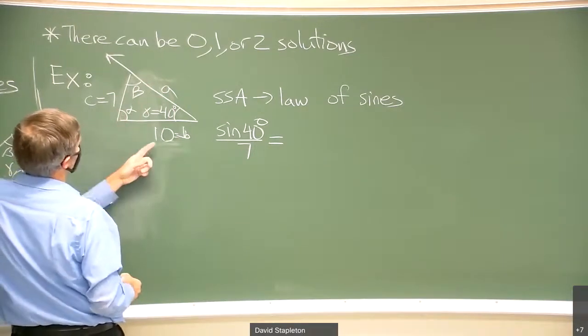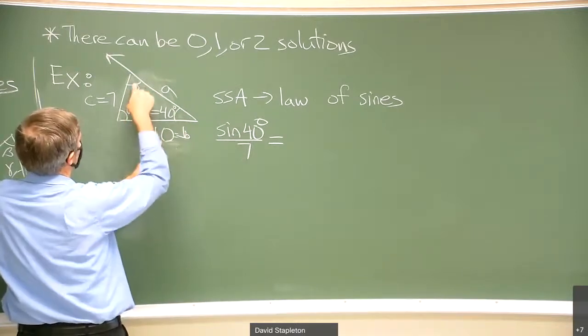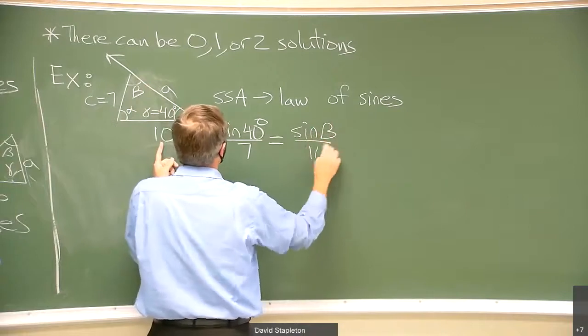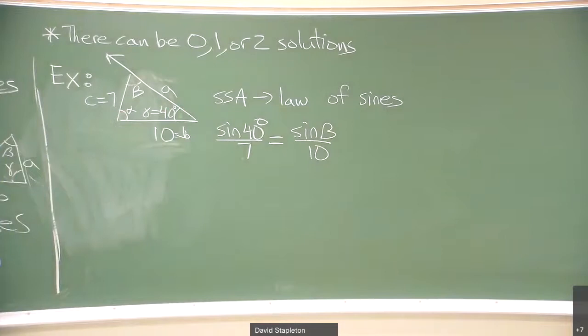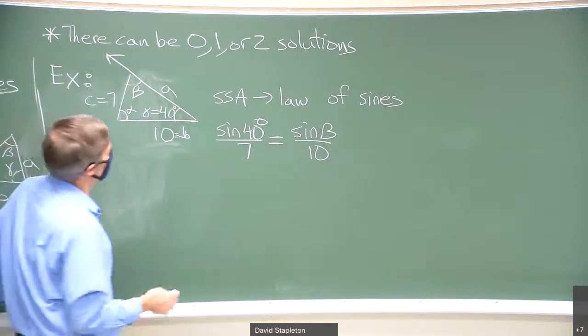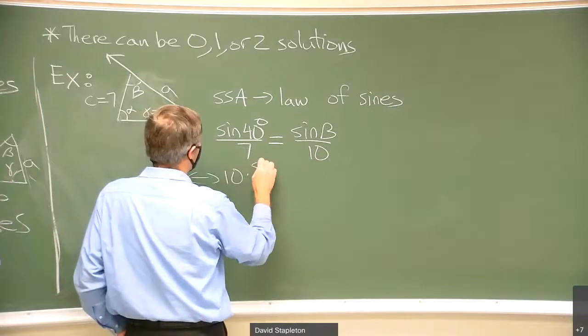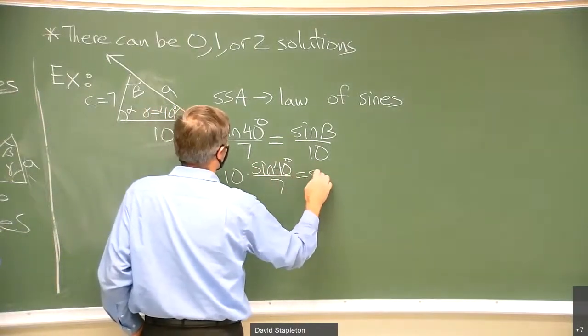The other things I know are two numbers, 40 and 7. I need to relate 10. I can relate that with sine beta, right? So sine beta is to 10 as sine 40 degrees is to 7, one of the law of sines equations. That one has three knowns and one unknown, so I can solve for beta, equivalently by multiplying by 10. And 10 times sine 40 degrees over 7 is equal to sine of beta.